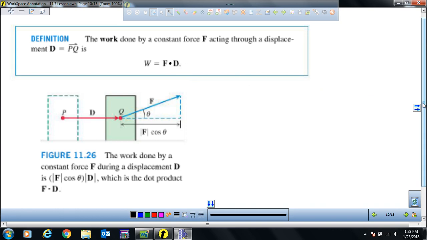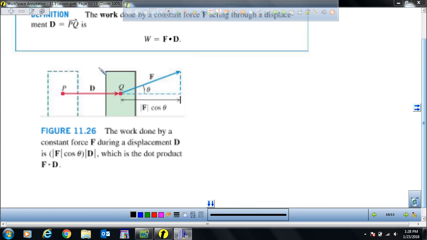So if I'm doing some work pushing an object, then to find the work, I'm going to take the dot product of the force that I'm applying to pull or push something, and the distance vector, basically the distance in the direction in which I'm pushing it or pulling it.